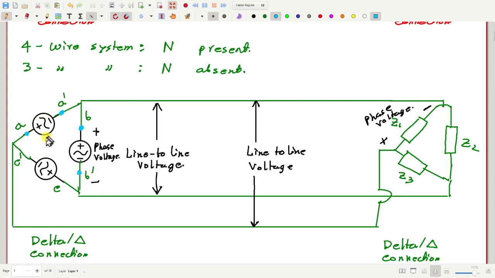Basically, phase voltage is the voltage across one element, one source or one load. And in this case, it happens to be the same as the line to line voltage. Line to line voltage is between two transmission lines. So here the phase voltages and line voltages are the same.